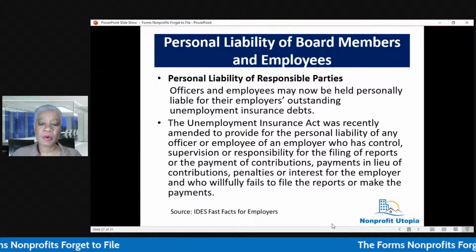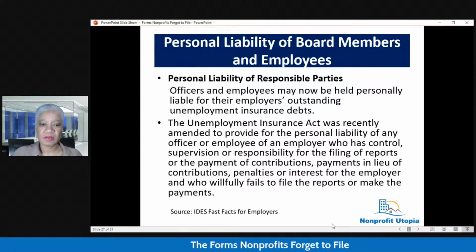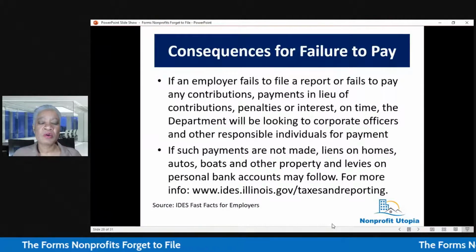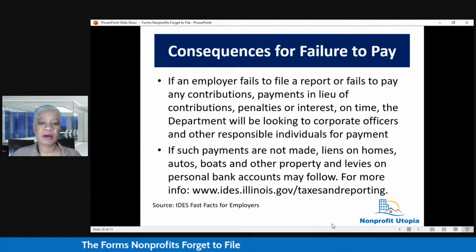Fails to file the reports or to make the payments. So that's a pretty harsh penalty. For those of you who were considering going on boards, realize that's one of the potential liabilities for being a board member.